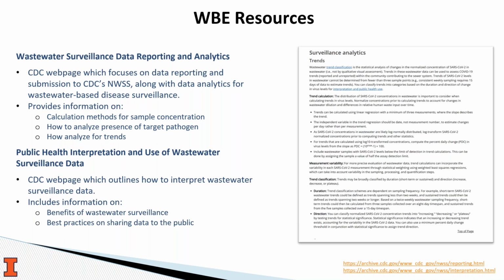It also provides step-by-step guidance on converting that data to normalized viral concentration per capita data, so that you can actually utilize it for statistical analysis or to identify how much viral concentration is present within the community.